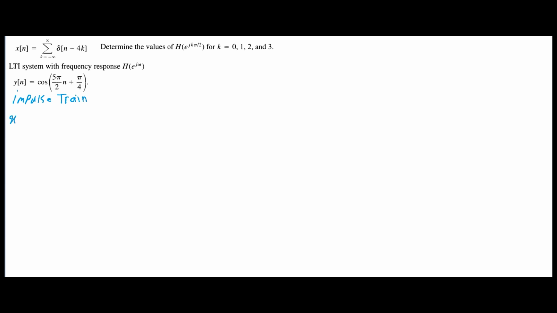To solve this problem, let's first review the impulse train signal. For continuous time signals, the impulse train is written as follows. For discrete time signals, the impulse train is written as follows.